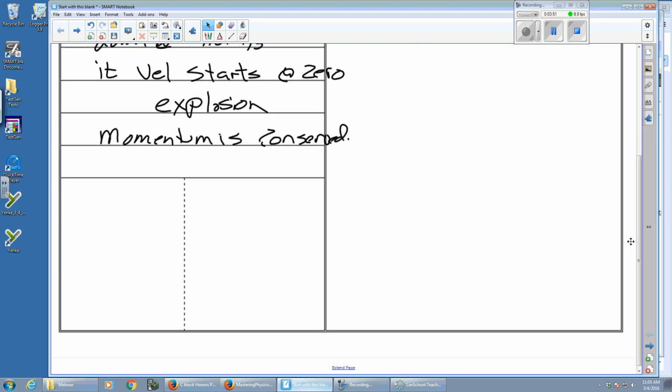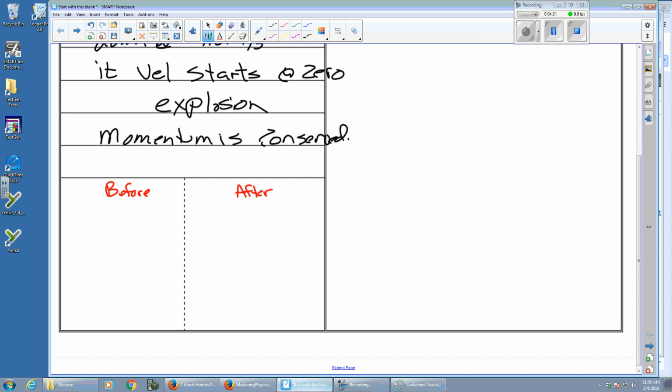Now I need to do the vector part, and we'll do this side as before the explosion, and this one as after the explosion. Remember when we did the other ones, we had 3 boxes? We were looking at what was happening during the explosion. Here, let's look at just before and after as more general. So which direction is the firecracker moving before the explosion?